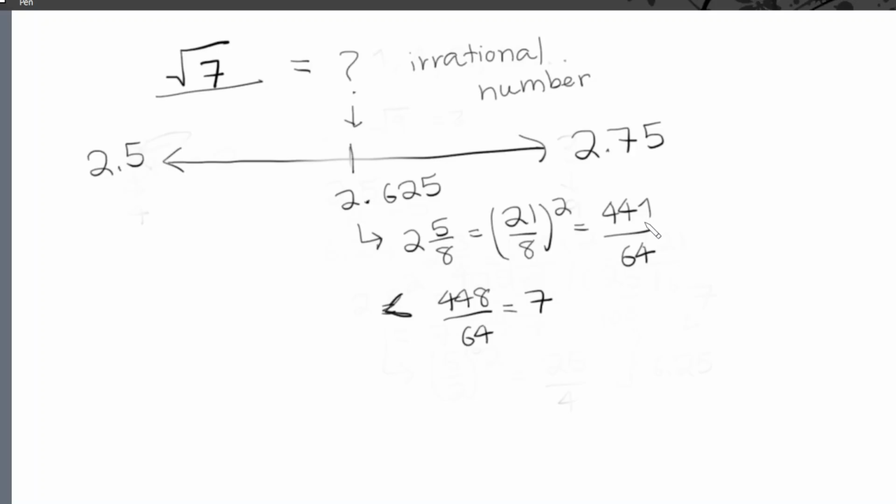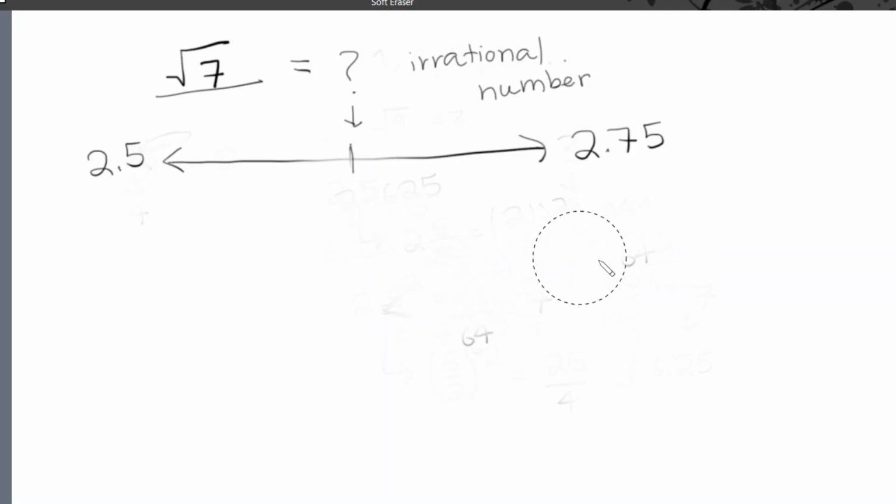And it's less than 7, which means that this is the new lower bound. So then what we can do is erase all this. And so now this is 2.625.